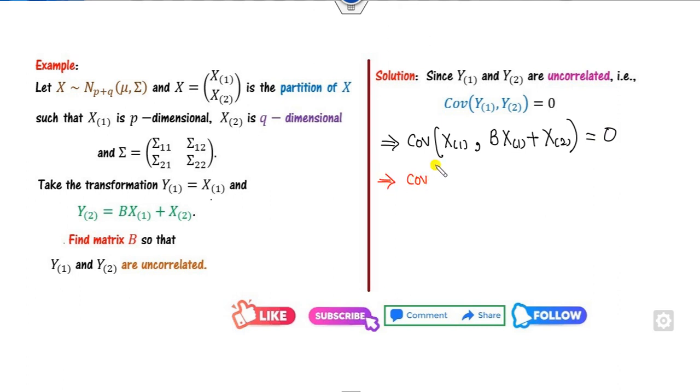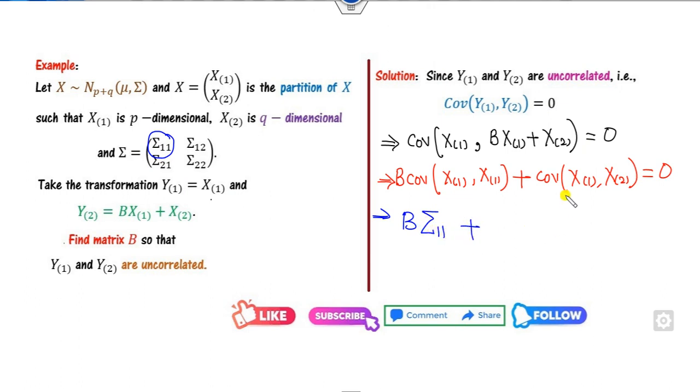It's a covariance of x1, B is my outside, x1 plus covariance x1 x2. Now look at the properties. What is that? Covariance of x1 and x1, that is a variance, is a sigma 1 1. What is the covariance of x1 and x2? Sigma 1 2 is my 0.